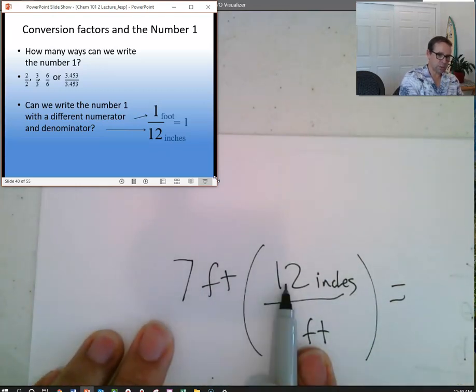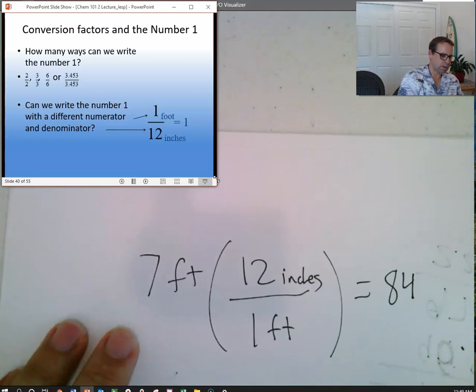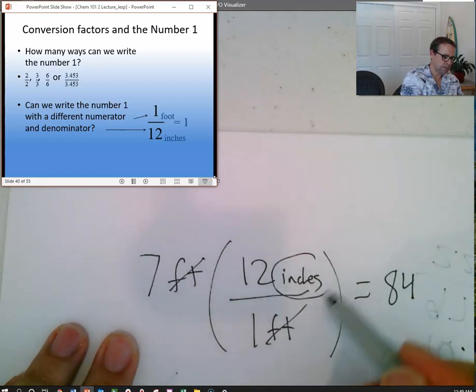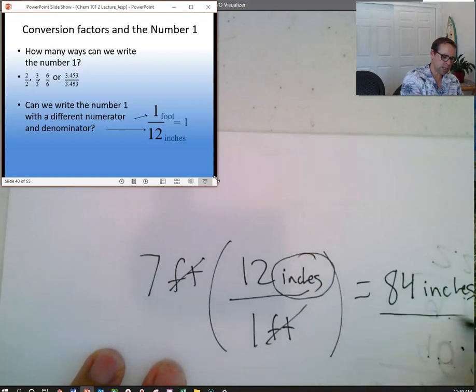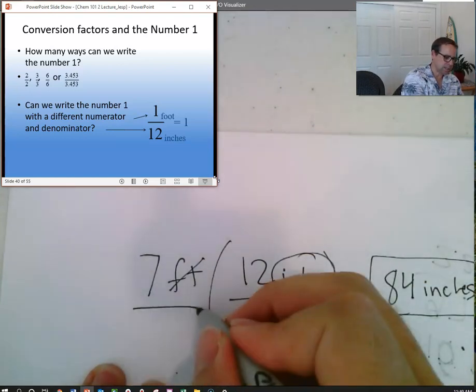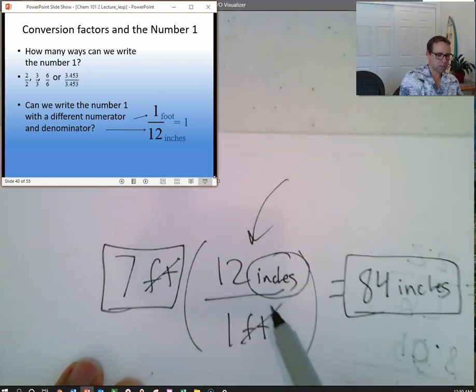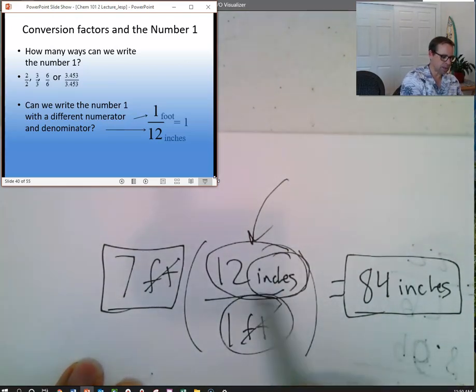Well, 7 times 12 divided by 1 is going to be 84, but the difference is now my units, feet, cancel out, and I'm left with what? Inches. So that tells me that 84 inches is the same as 7 feet, because all I did was I multiplied it by, this is called a conversion factor. This on top is the same as that on the bottom. All I've done is I've found new units for this amount.